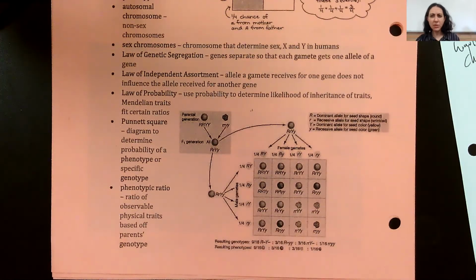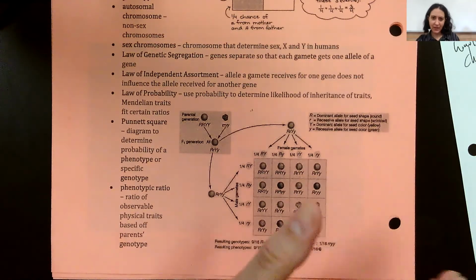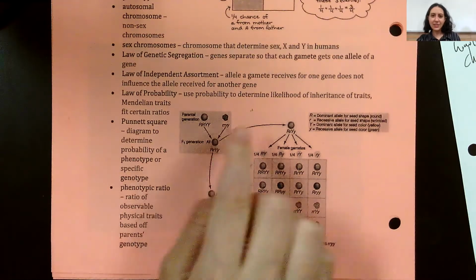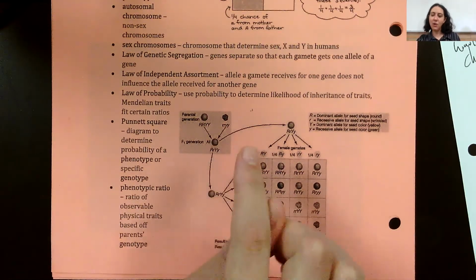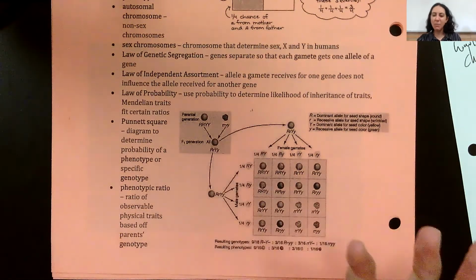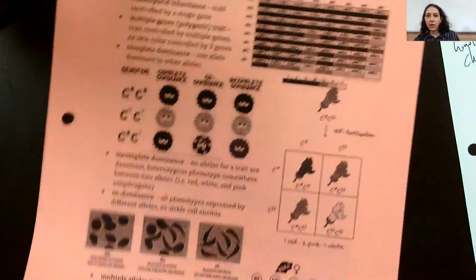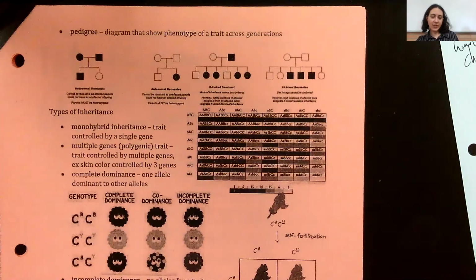It's pretty simple. It's statistics, but really, really basic statistics. So there you go. This is a little explanation of how Mendel set up this experiment. It's a pretty cool one. Okay, let's keep going. Awesome.